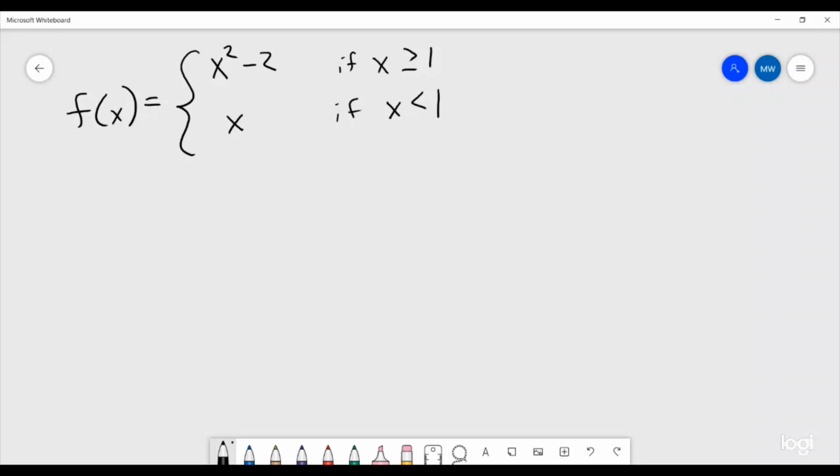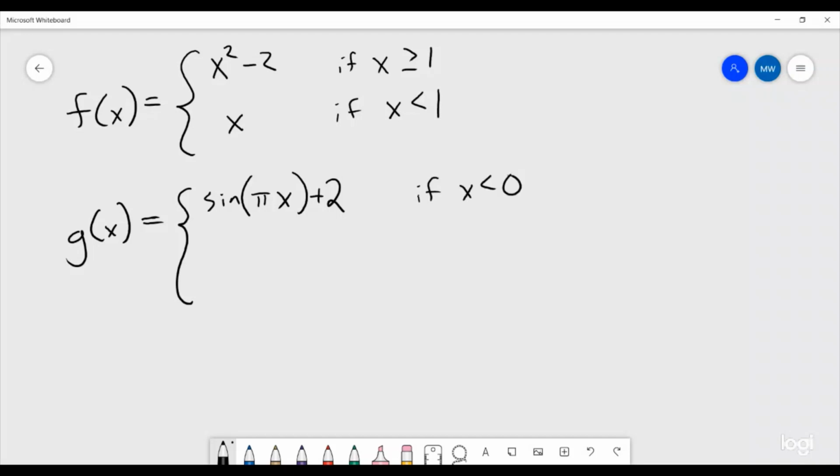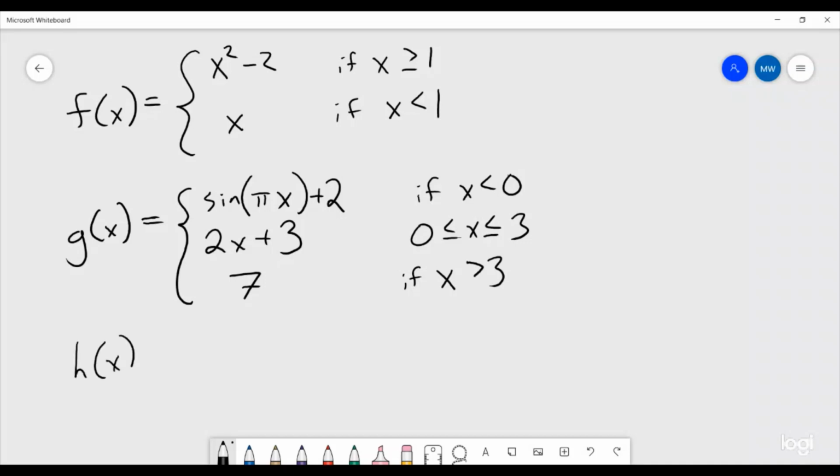We also could have g of x, also a piecewise function: sine of pi x plus 2 if x is less than 0, 2x plus 3 if 0 is less than or equal to x is less than or equal to 3, and 7 if x is bigger than 3. And then maybe we have h of x equals x squared plus 7x plus 10 all over x plus 2.